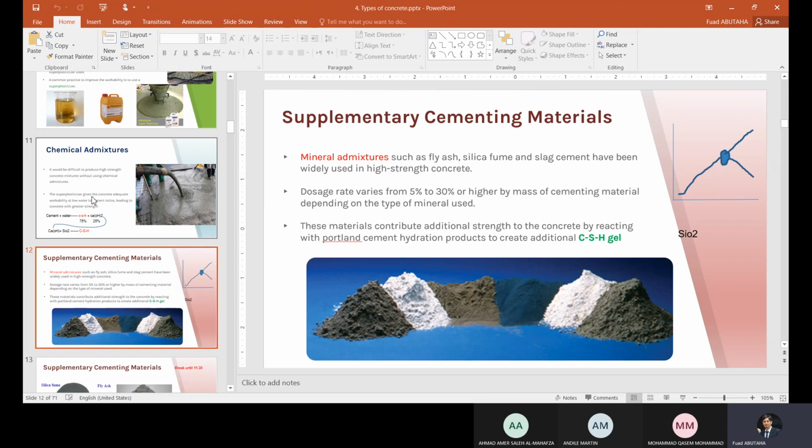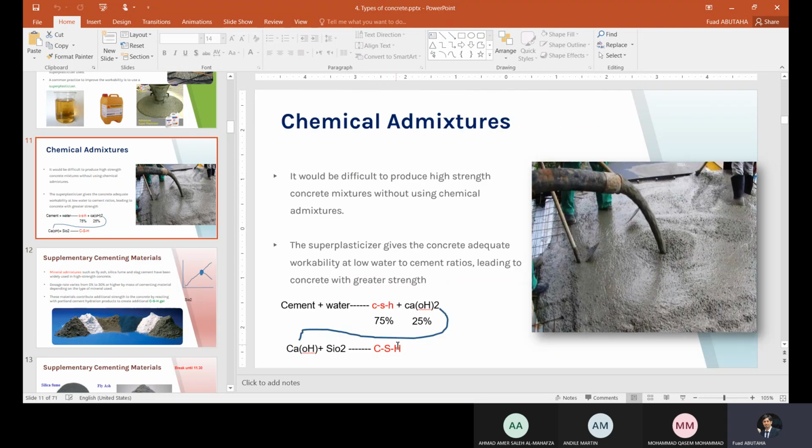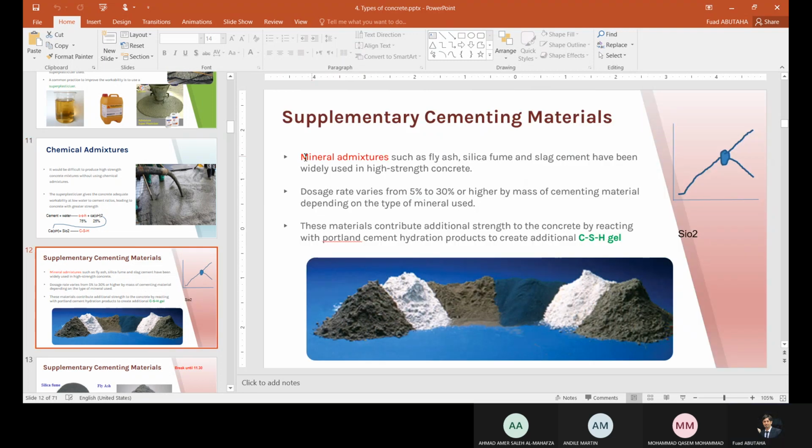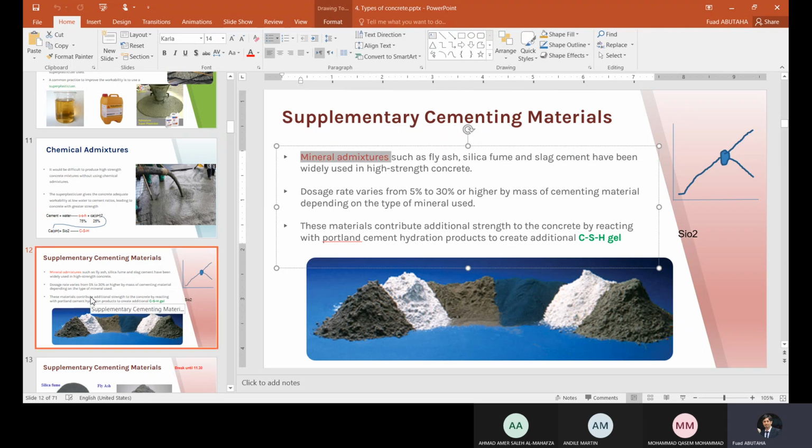So this is also one of the methods to achieve high strength concrete by using the mineral admixtures.